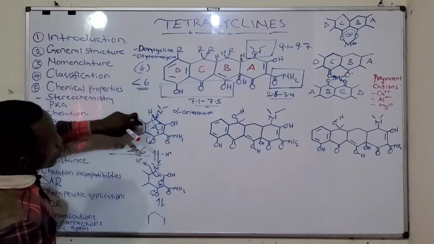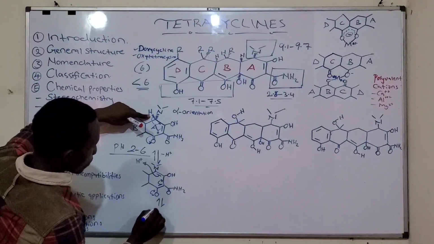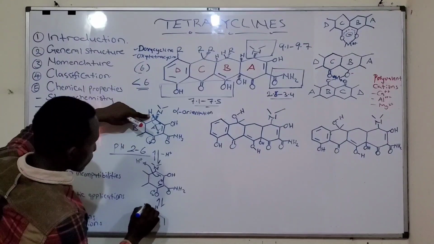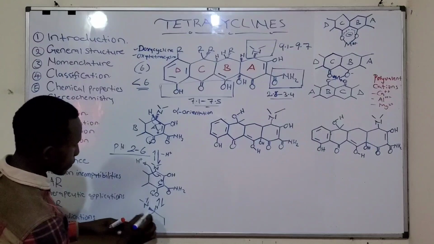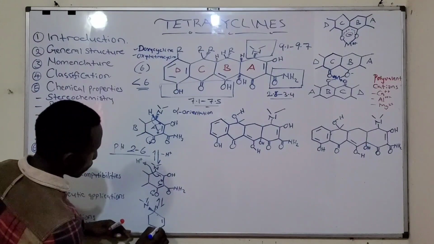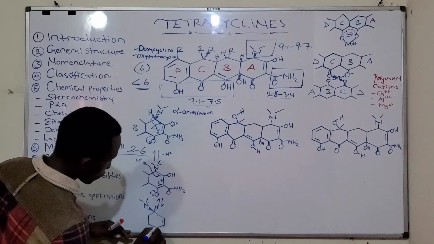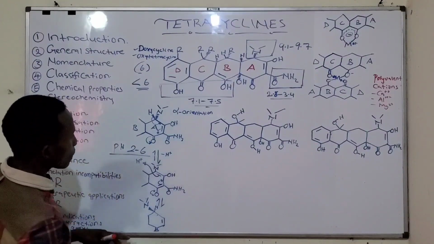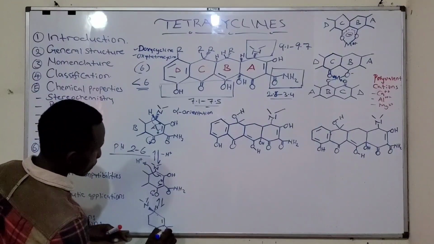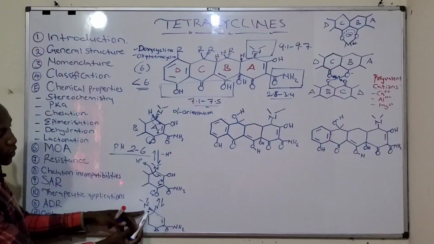So instead of the hydrogen going back to the wedge bond, now it will shift to the dashed bond. So this wedge bond now has the dimethylamine on it. Then this one will form back like this. Then you have your O down here. This one remains the same, but you have changed the orientation.